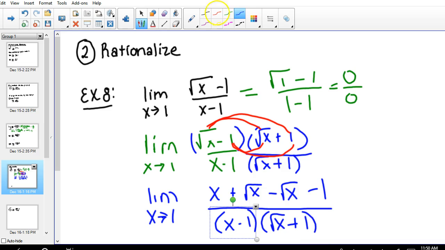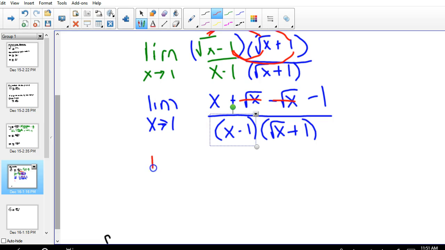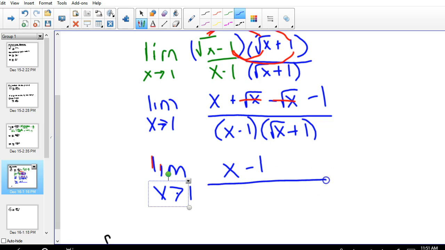And you'll see what happens here by using that difference of squares on the top: the positive square root and negative square root cancel out. So all we have for this is the limit as x approaches 1 of x minus 1 over x minus 1 times the square root of x plus 1.